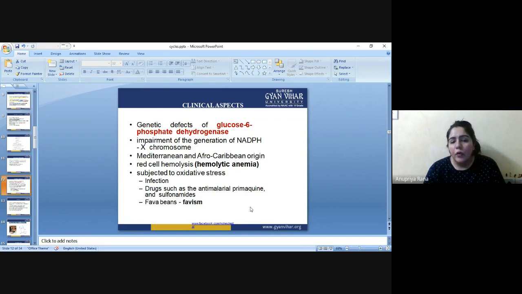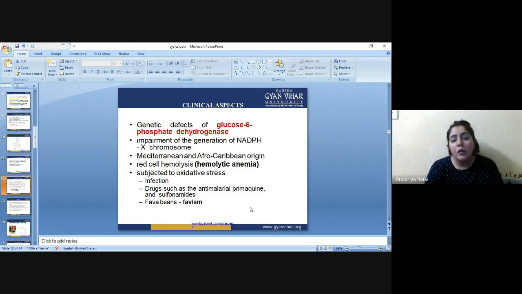So if we want to control our genes and work in a very efficient manner, we really have to work upon it. Mediterranean and Afro-Caribbean origin, red cell hemolysis subjected to oxidative stress. These are the basic, very important things, but all this can go smoothly only if the NADPH regulation in our body is accurate. And how will NADPH be accurate?